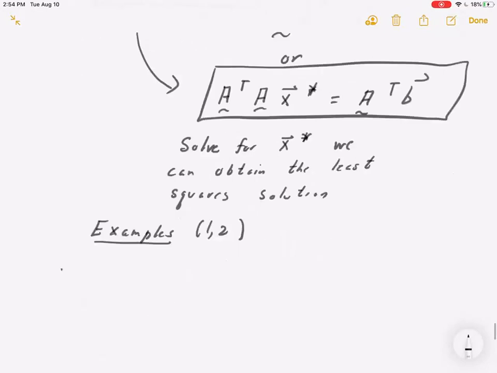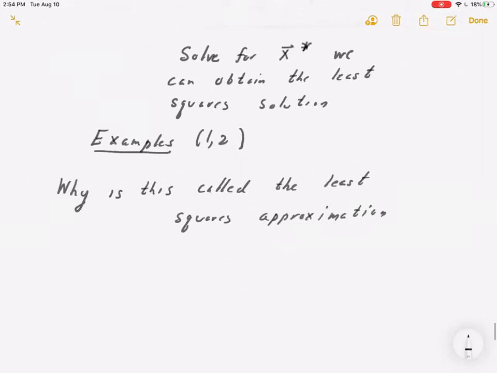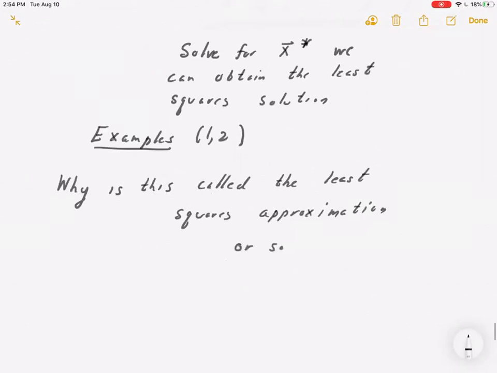But before our break, I want to go back to a problem that I've been hiding. Why is this called the least squares solution or approximation? So that's the question. Here's the answer.